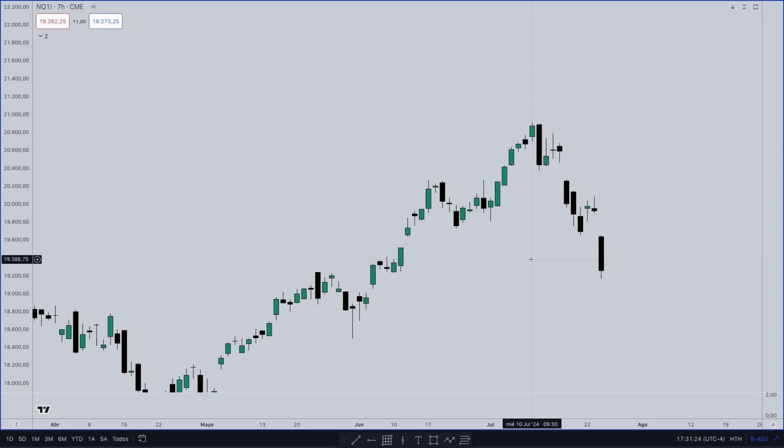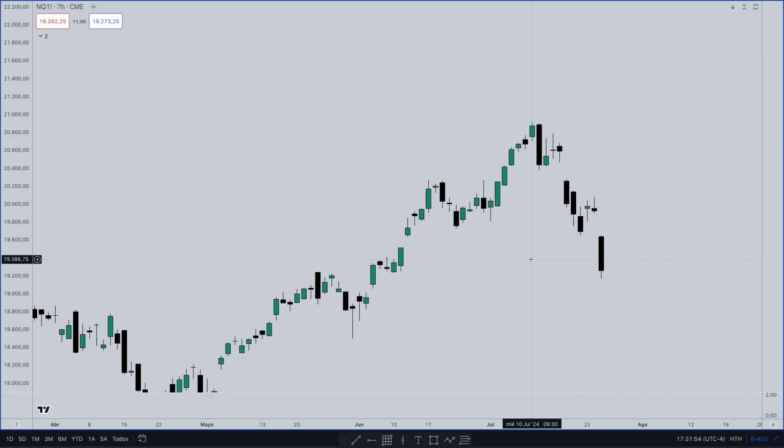Today I want to talk about this time frame, specifically on regular trading hours. This is something that we are using with a friend of mine, Lucas, and he told me about the importance of this time frame. Why? Because it's basically your daily chart for regular trading hours.